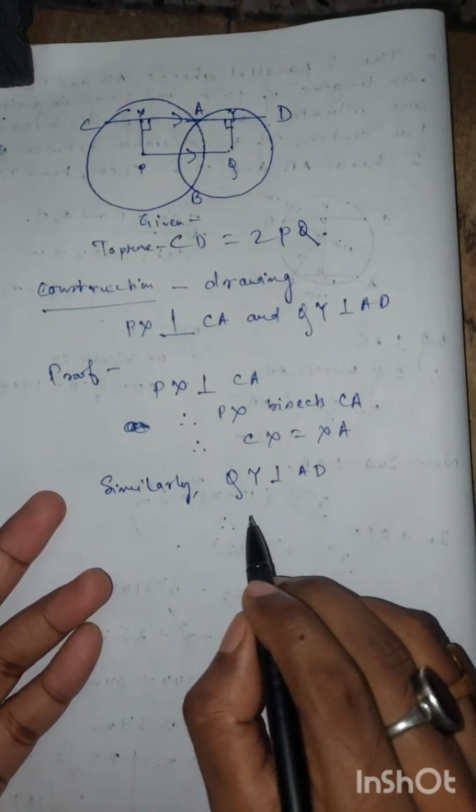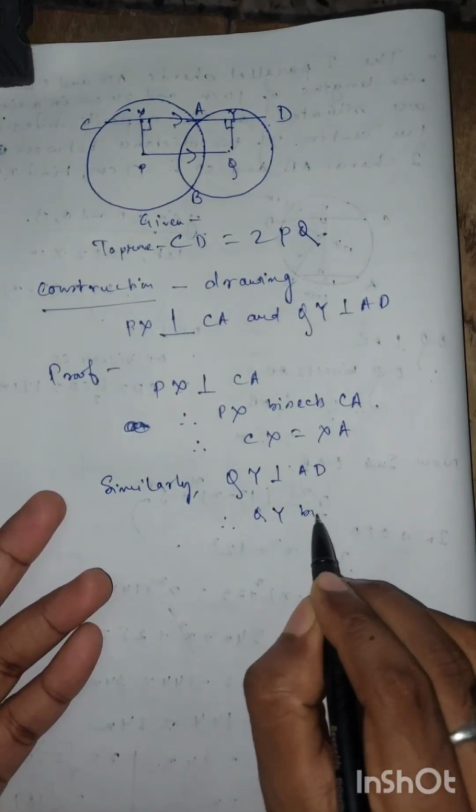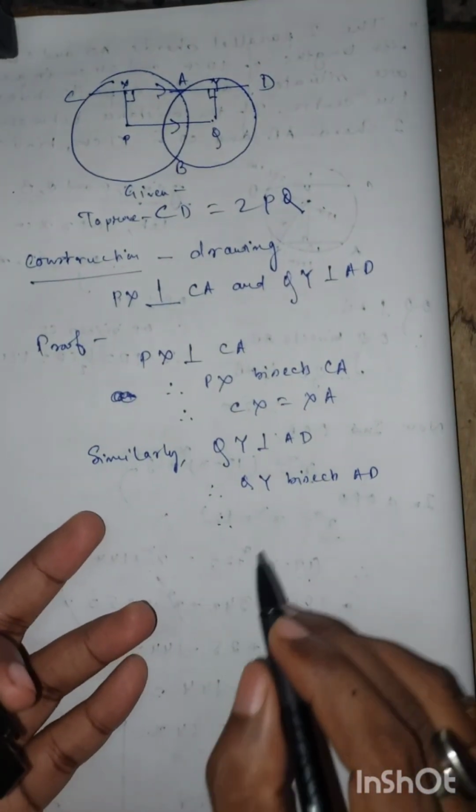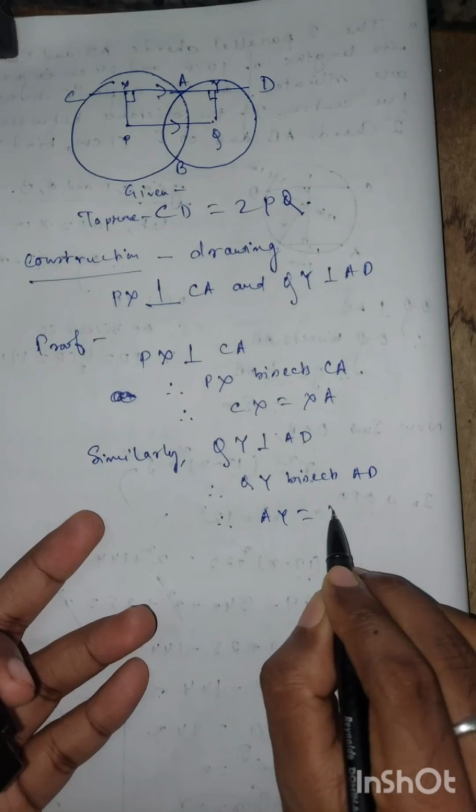Therefore, QY bisects AD. Therefore, AY equals YD.